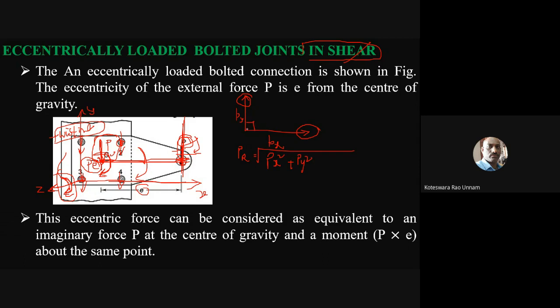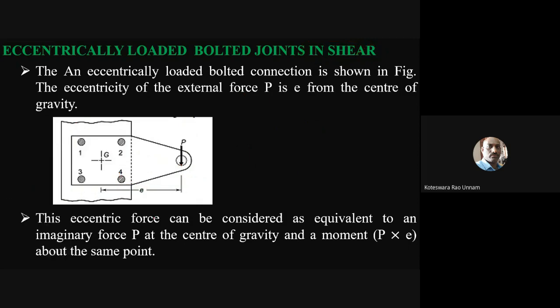Suppose the angle is not 90 degrees, let us say I have some other load. So here instead of Px, I will take this one as P1. We'll use P1 for the direct load and P2 is the shear load. Let us say this is P2 and this is P1. Now the angle is not 90 degrees.